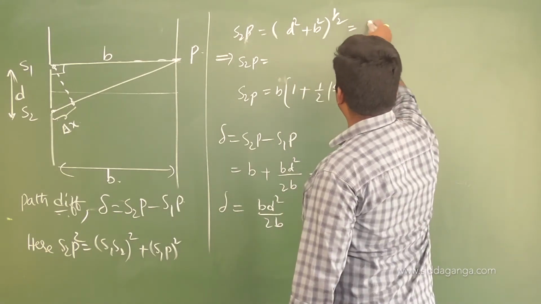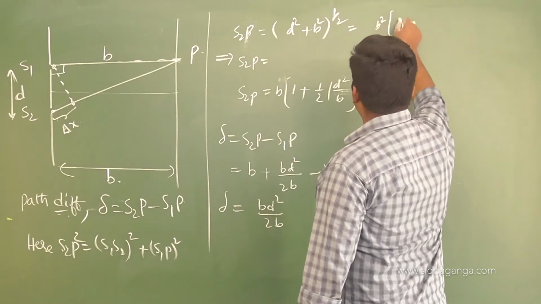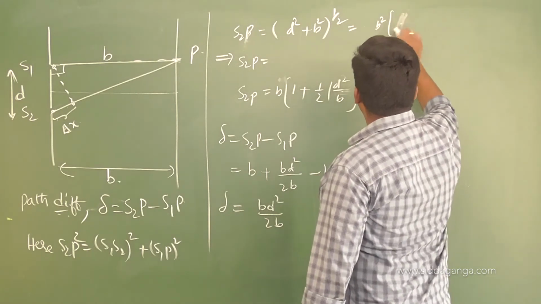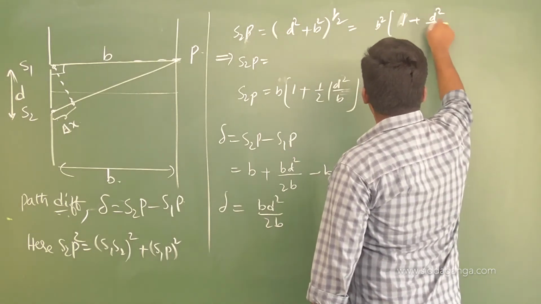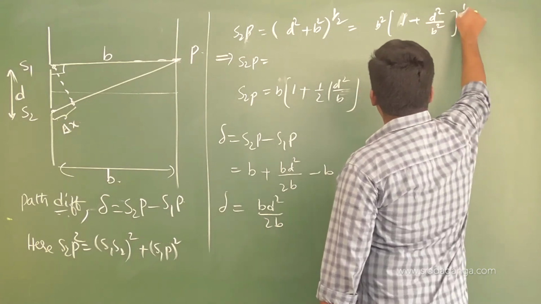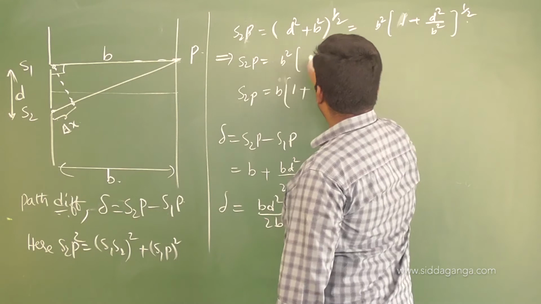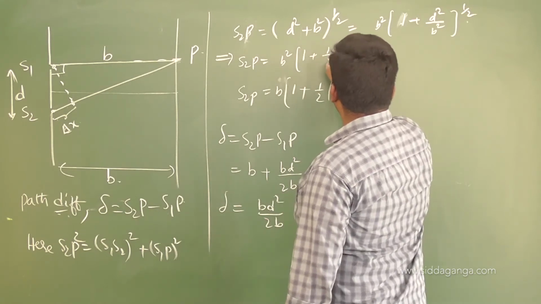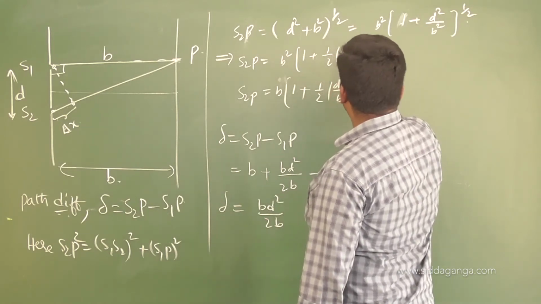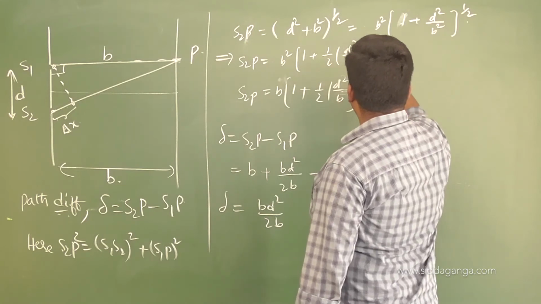Or else I will write here itself: if I take B square common, the remaining is 1 plus d square by B square, whole power 1 by 2. For this you apply the binomial expansion, and you will get B square into 1 plus 1 by 2 into d square by B square.